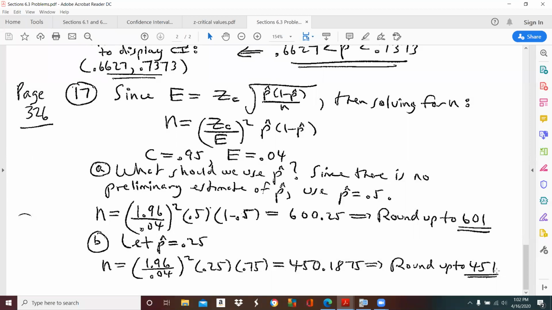All right, so I just wanted to show you those steps so that you don't make any typing error into your calculator and you come up with the correct answer.